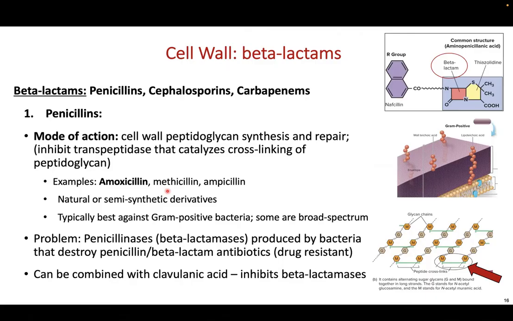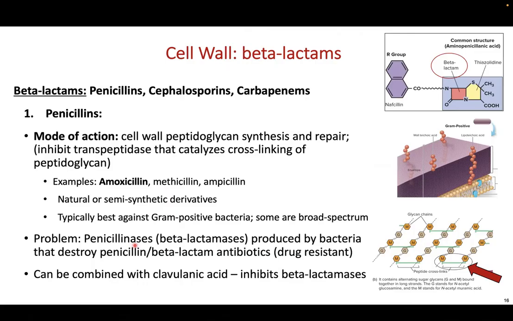But the problem is that some bacteria produce penicillinases. Basically, these are enzymes that destroy penicillin. So they are produced by the bacteria and they destroy the penicillin antibiotics, which results in the bacteria being resistant to them.